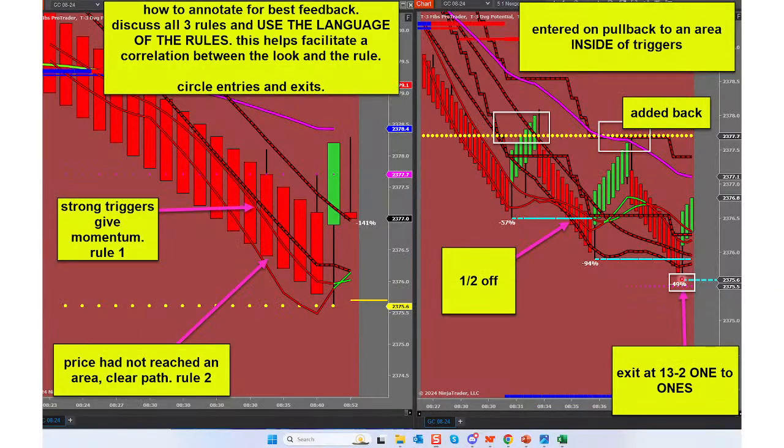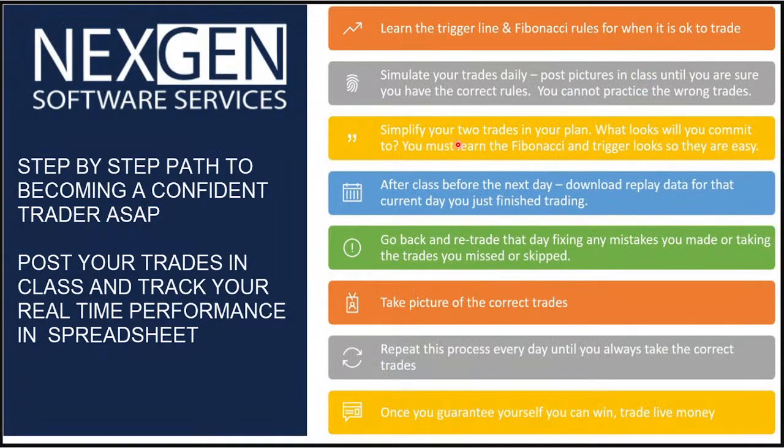Let me go back to this. Next thing is you've got to learn these looks. And that's what it is. Trading isn't about gut feelings. It's not about opinions. And hopefully there's not a lot of emotion by the time you get to where you want to be with this. Your rules, those 3 rules, are a pattern that have been proven to win more than they lose.